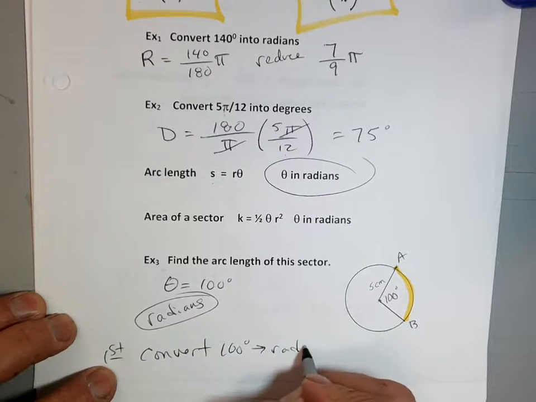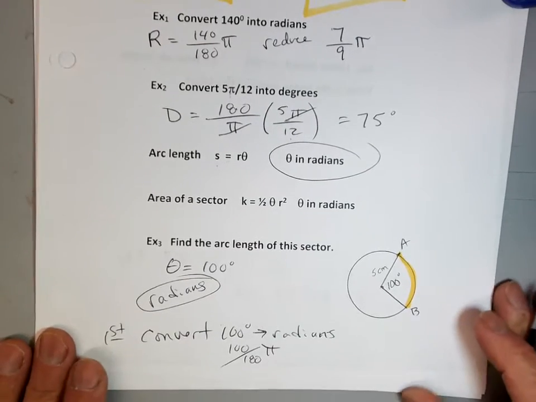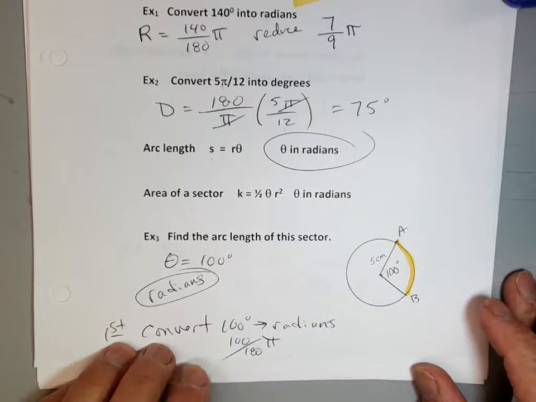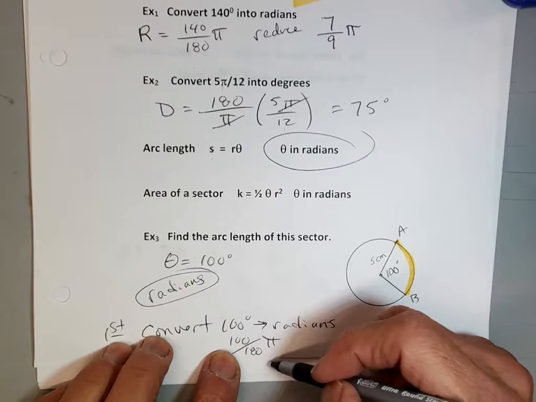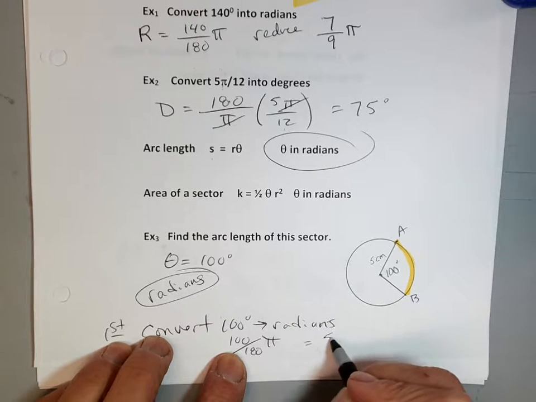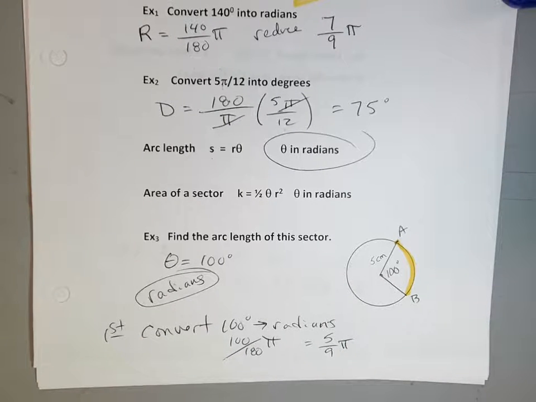That's just 100 over 180 pi, and that reduces to 5/9, you can do it on a calculator. 5/9 pi, that's my angle.